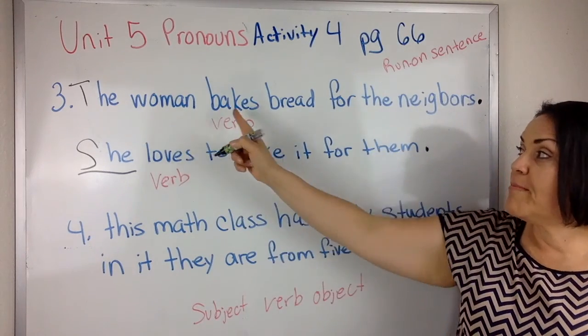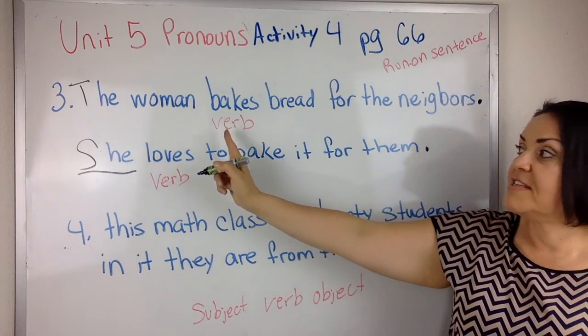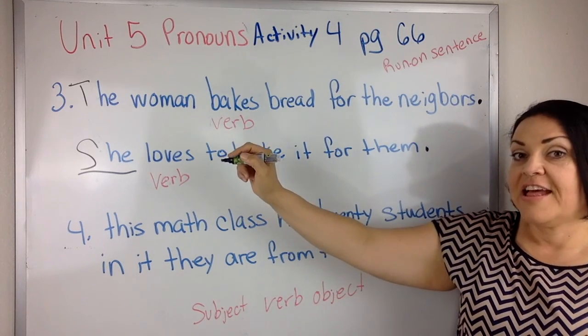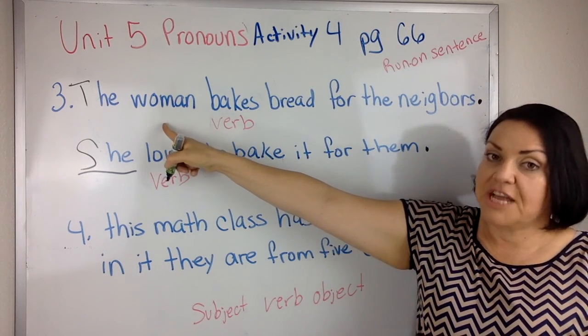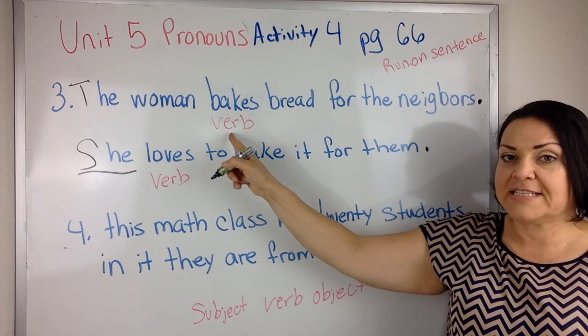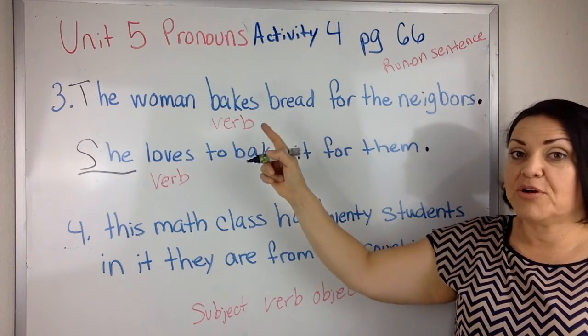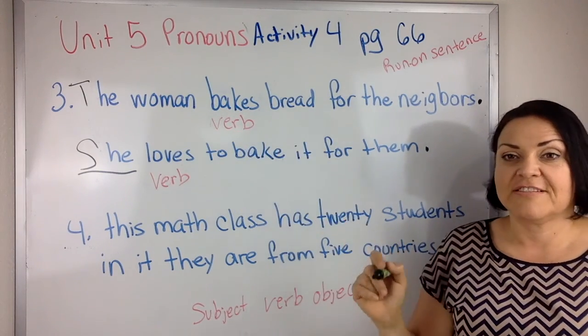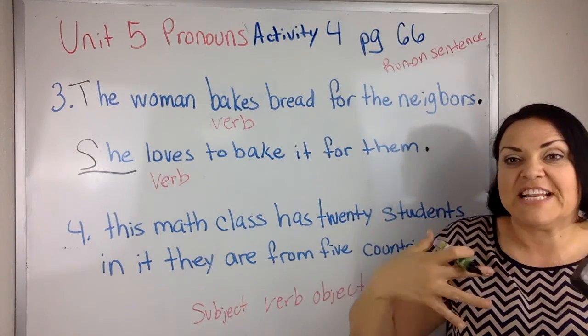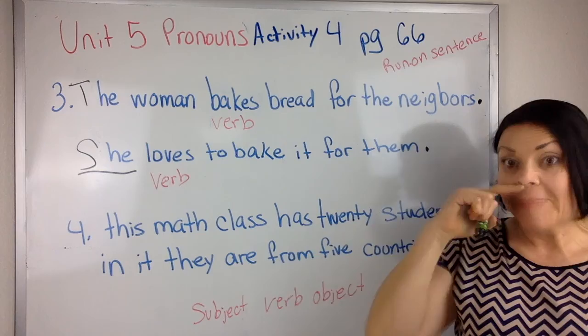So here you have the woman bakes bread for the neighbors. This is the action, and here is the subject. Who is receiving the bakes? This is what they're making, bread, but who is going to receive? They bake. Who's receiving it? Who's the object? Neighbors.